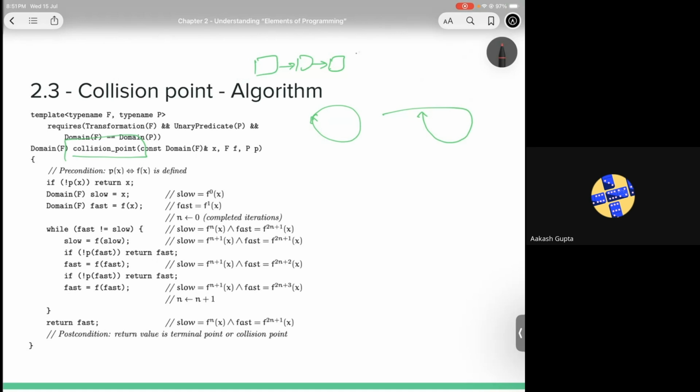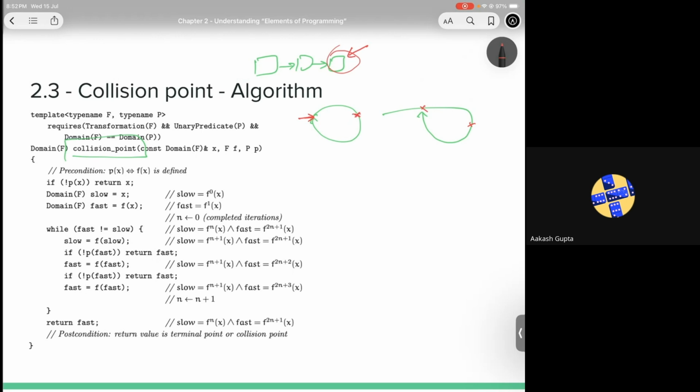If it is a terminating case, it will return the final element. If a cyclic structure is present, any node will be returned in that case. Why? Because it is not necessary that the fast and slow car will always collide at the starting point in the total cyclic case, and it is not necessary that fast and slow cars collide on the connection point in the handle case. So basically, the collision point algorithm only has two guarantees: either we reach the end point or we are inside the cycle.